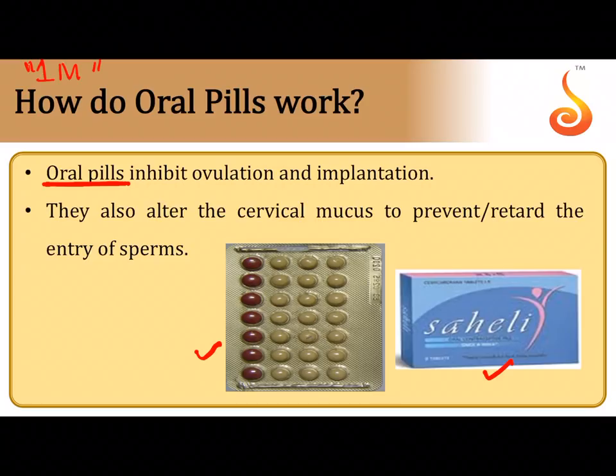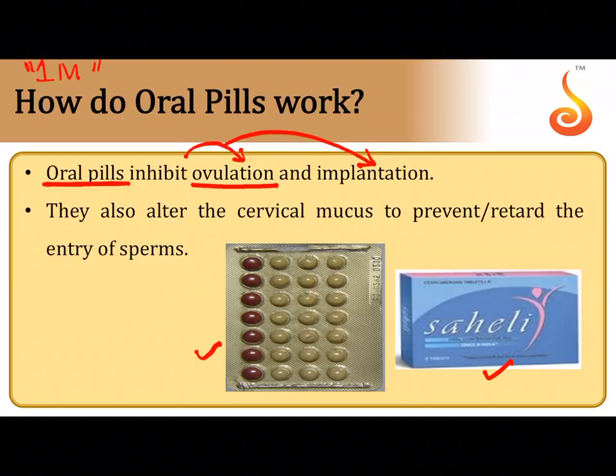These are synthetic hormones. What do these hormones do? They inhibit the release of the egg, that is ovulation, and they also make the uterus unsuitable for implantation. Just like the IUD, they also make the uterus unsuitable for implantation, and they do not allow the production of the egg.